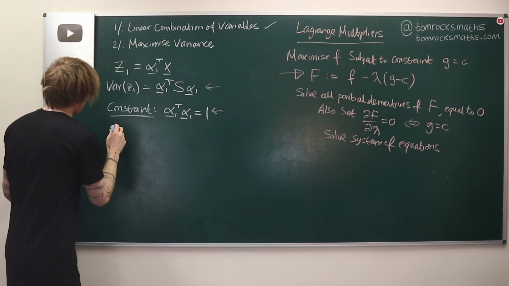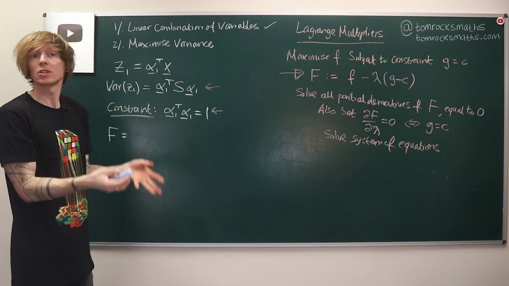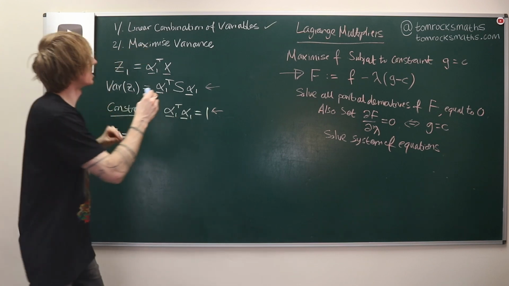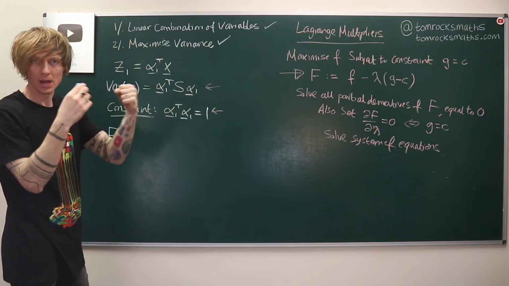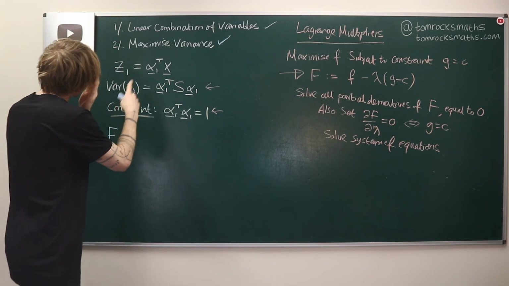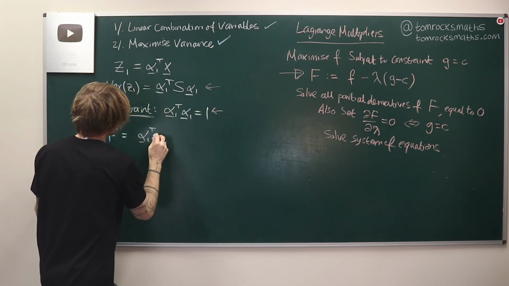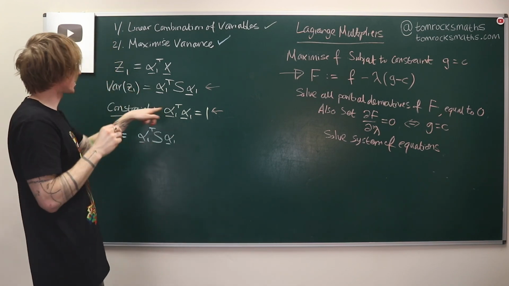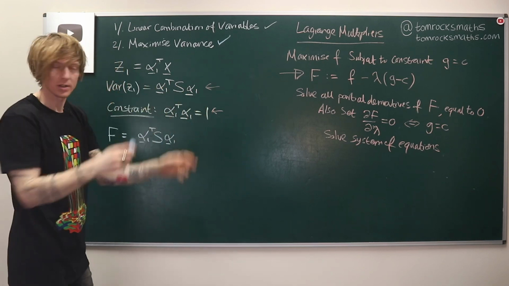Applying the Lagrange multiplier method to our constrained problem, we will have the following. So our capital F, as I have called it over there, is going to be equal to the function that we are trying to maximize, which is the variance. We want to maximize the variance. You can give that one a tick now, because that's what we're doing with Lagrange multipliers. And to maximize the variance, so F is equal to alpha 1 transpose times the covariance matrix times alpha 1. And then the constraint G is equal to 1. 1's our constant.